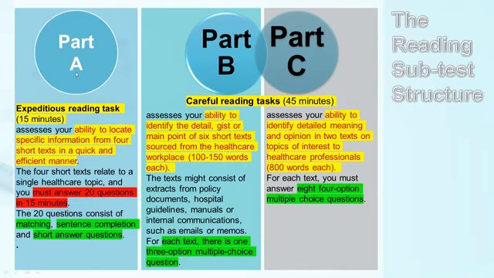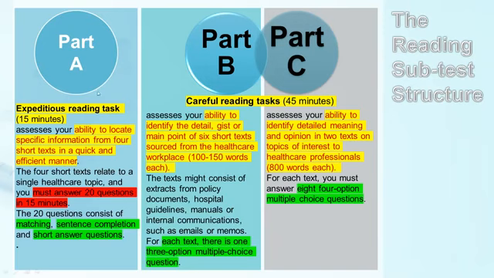So at the beginning of the reading subtest, you will start with part A separately, and after that they will collect the answer booklet, and after that you will start a new setting with part B and part C. So it's not like the listening subtest, whose parts are given in one single setting.